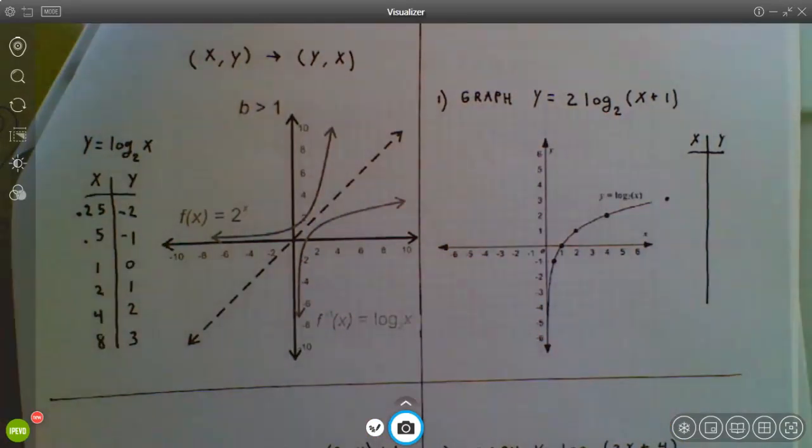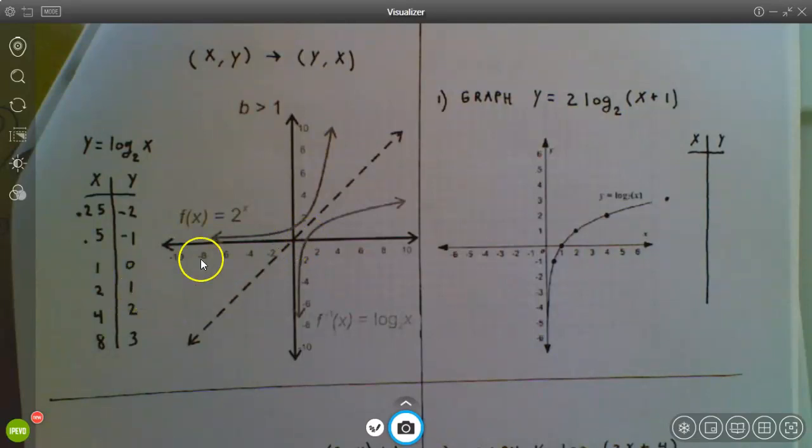So what did we say happens when you do an inverse of a graph? Remember that your x and y values simply trade places. So when you had a point like 0, 1 on the exponential growth graph, 0, 1 becomes 1, 0 in the log graph, right? Your x and y's just traded places.